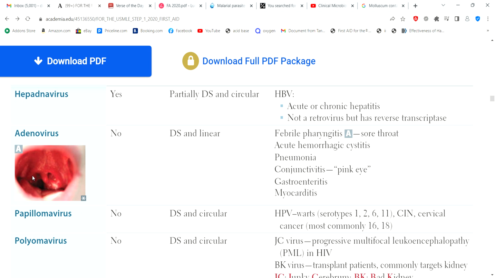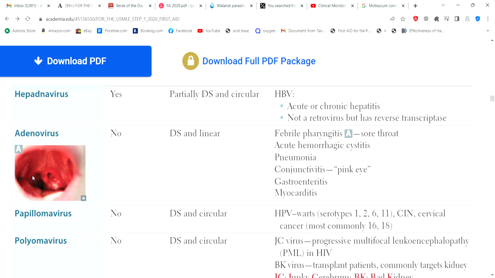Adenovirus causes acute hemorrhagic cystitis, pneumonia, conjunctivitis, pink eye, gastroenteritis, and myocarditis. So basically, they'll have lung issues like coughing and fever, and stomach issues also.